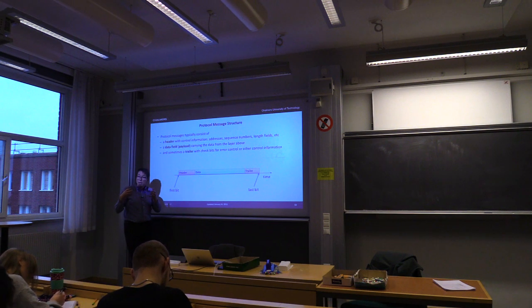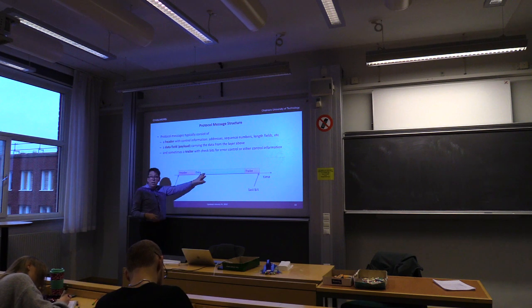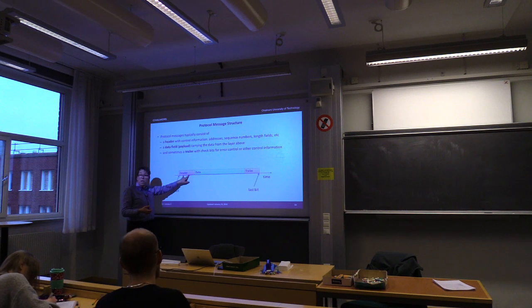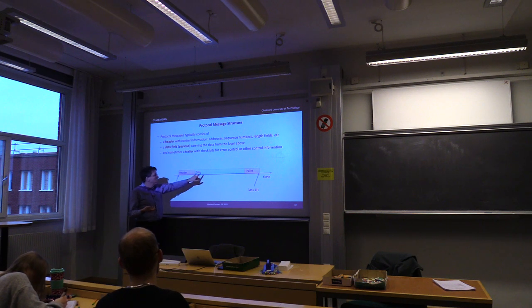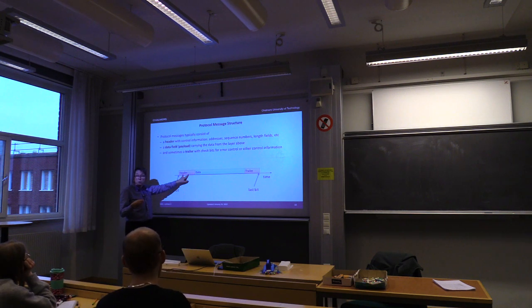If we do an envelope or regular mail type of analogy here, this would be the actual letter, right? And then that would be wrapped into an envelope, and on the envelope we would have addresses and a stamp and so forth, right? So the letter, this is what's contained in the envelope, and this is what's outside on the envelope in order for the protocol to do its stuff.